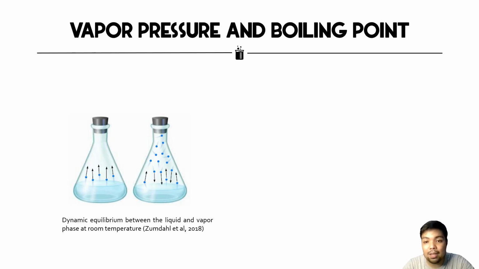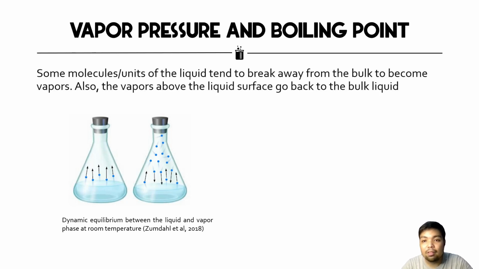So what will happen here? Some of the vapor will go back to the bulk liquid. So while some of the molecules in the liquid phase will escape to the gas phase, some molecules in the gas phase will revert back to the liquid phase.